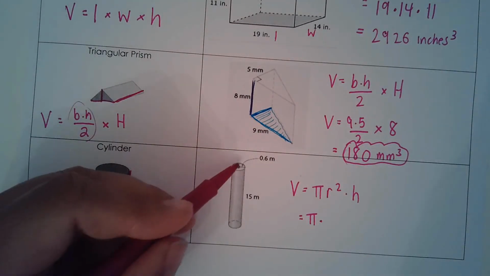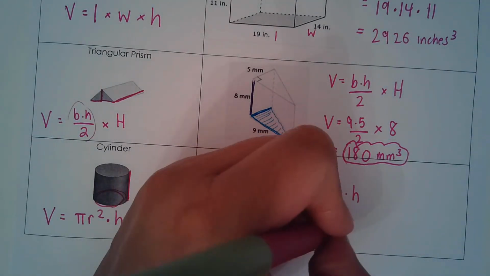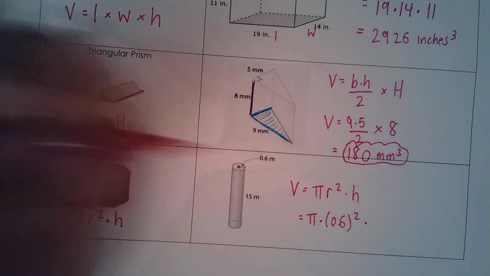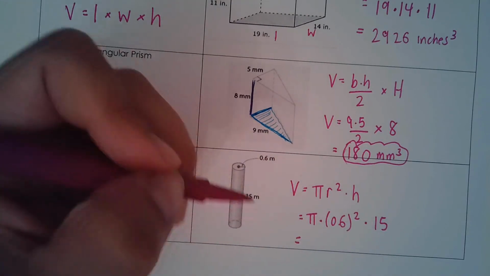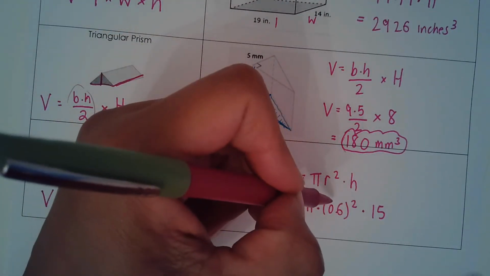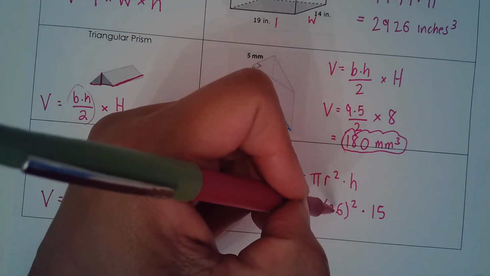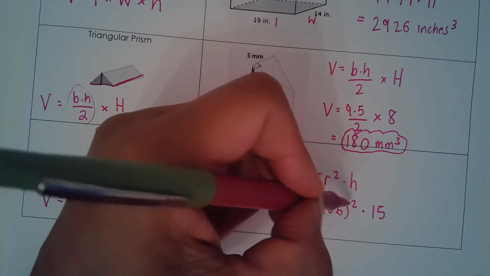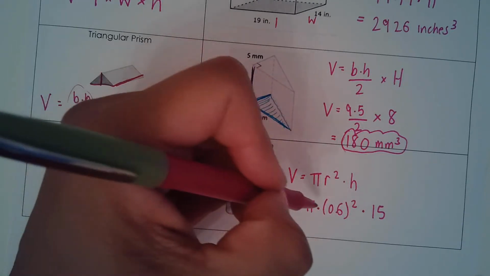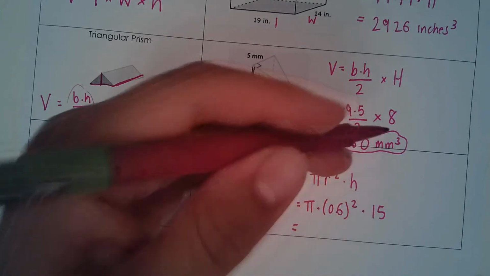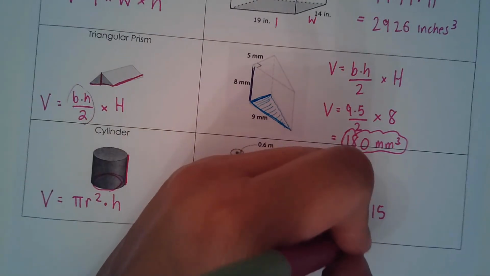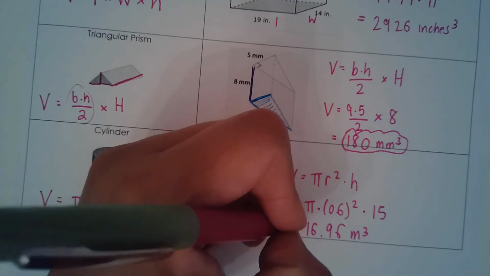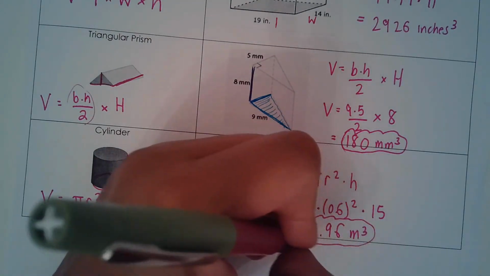Our radius is 0.6 squared and our height is 15. So plugging that into your calculator, keeping in mind BEDMAS, I would probably square this first, so 0.6 squared times pi times 15, and I get 16.96 meters cubed as my volume.